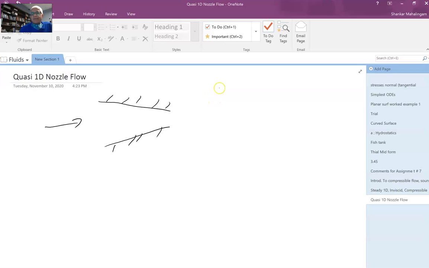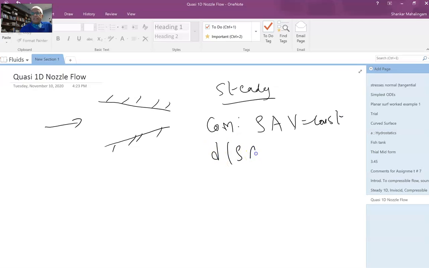If you have steady flow, then the conservation of mass statement, because now the area is changing, simply says rho AV equals a constant. So I can take the differential of this, d of rho AV, which clearly has to equal 0. Writing that out, d rho times AV would be one term.